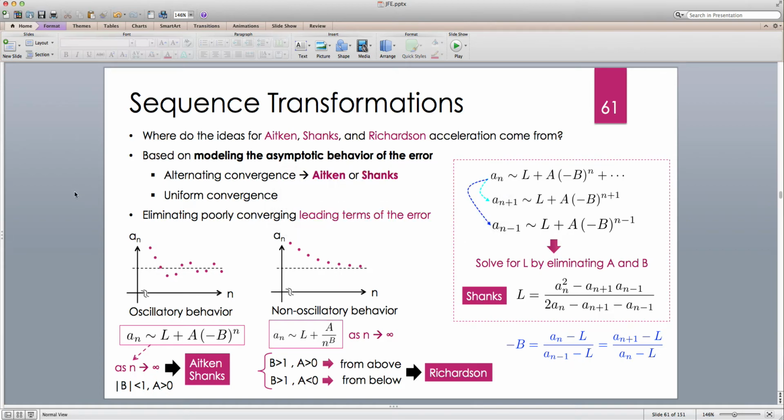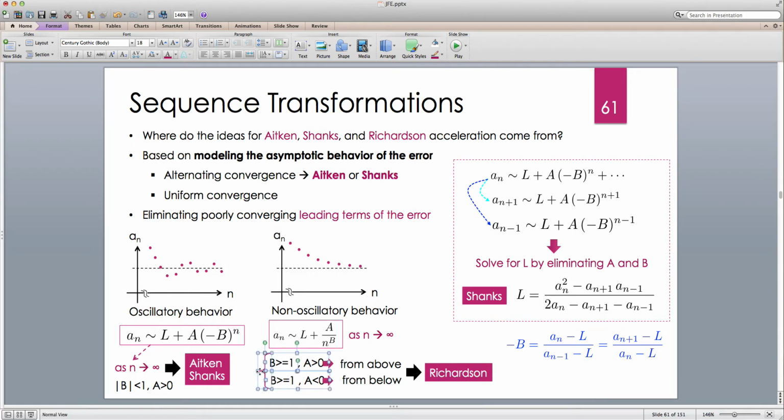And we have actually seen this before when we discussed numerical integration. For rectangle approximation, the error was proportional to 1 over n. For trapezoid, it was 1 over n squared. For Simpson, it was also 1 over n squared, etc. So in those cases, we can model the error as 1 over n to some power, which is typically greater than or equal to 1. Okay?